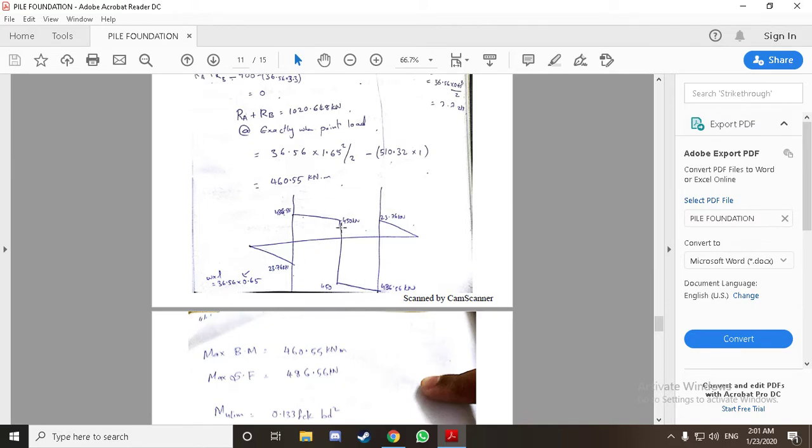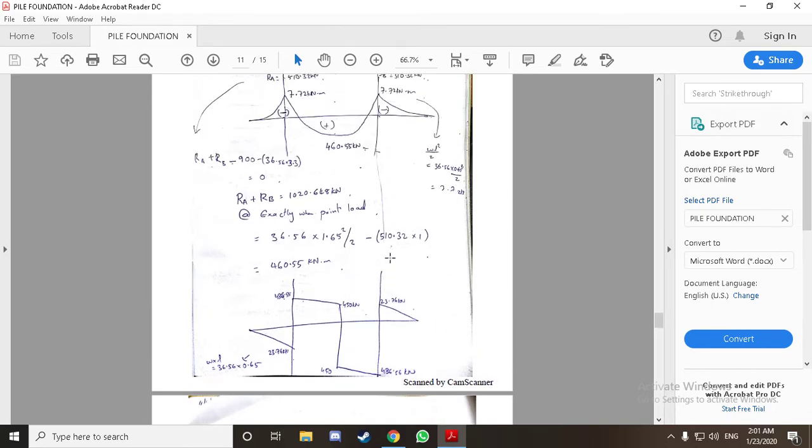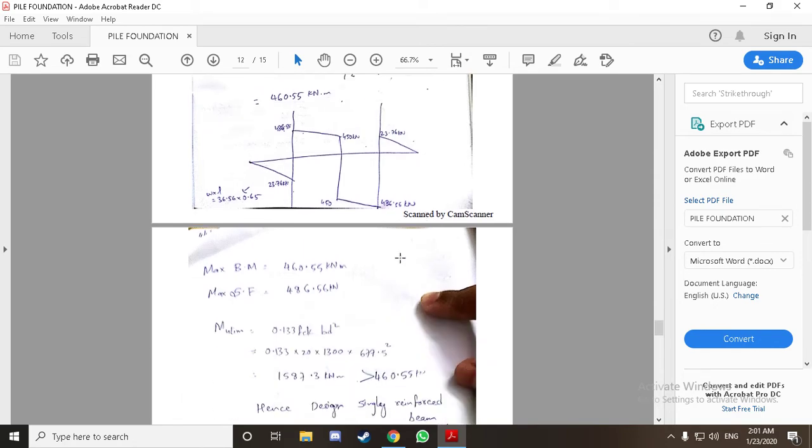Here we can see a 900 kilonewton change. That is basically our column load acting. So there is a 900 kilonewton shear force change, and from minus 450 it changes slowly to 486, and then as we have reaction RB 510 added, that will give us 23.76 kilonewton shear force at B point, and then 0 at the supports.